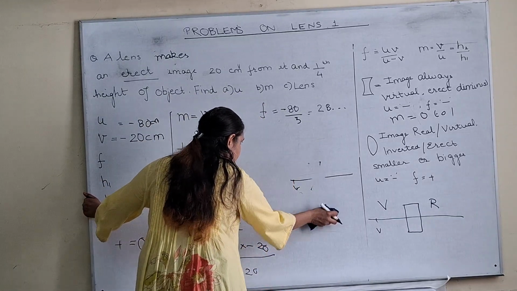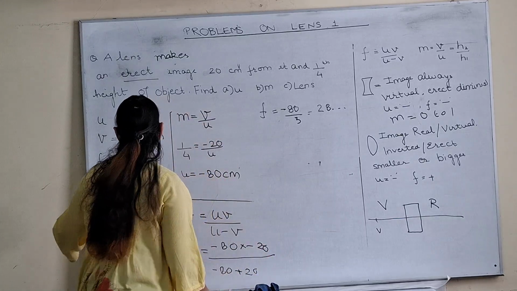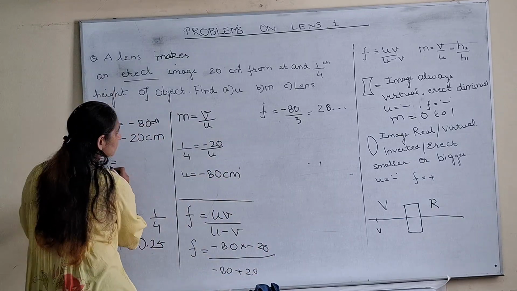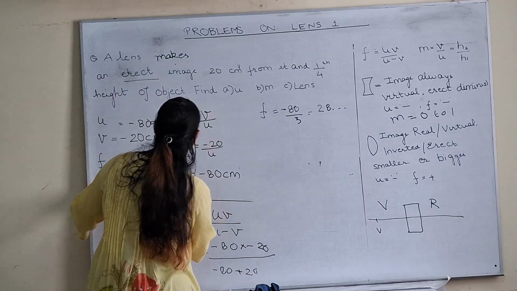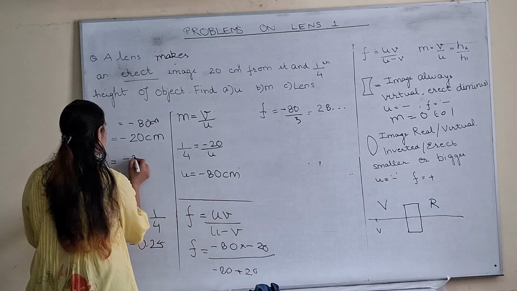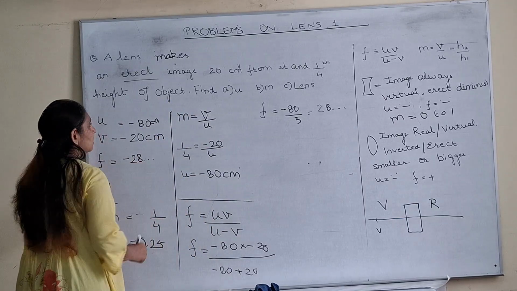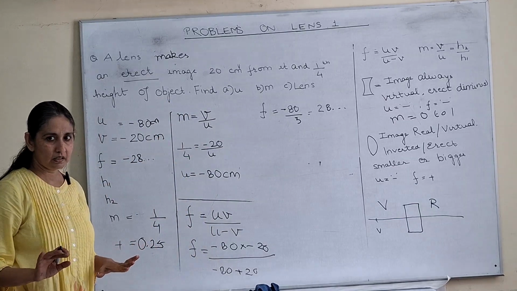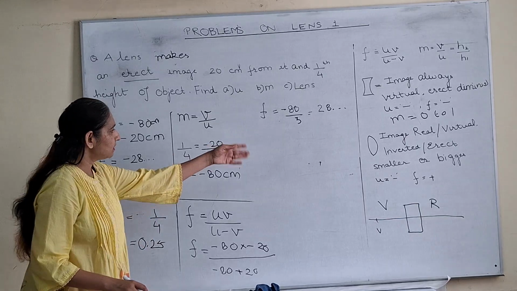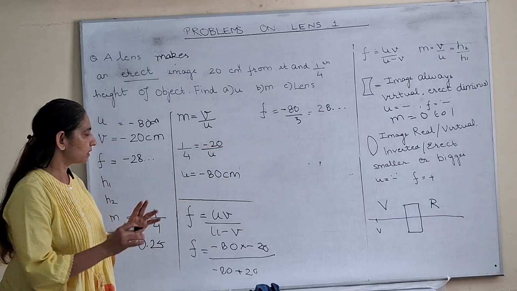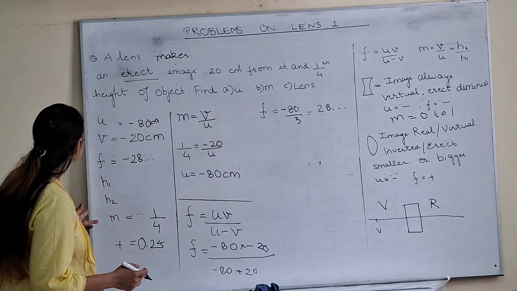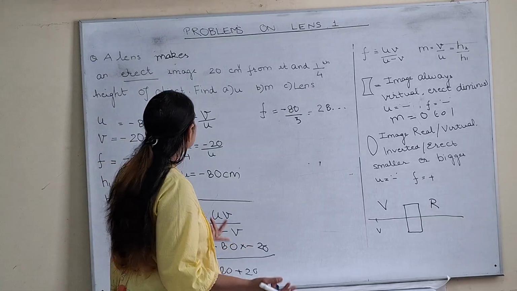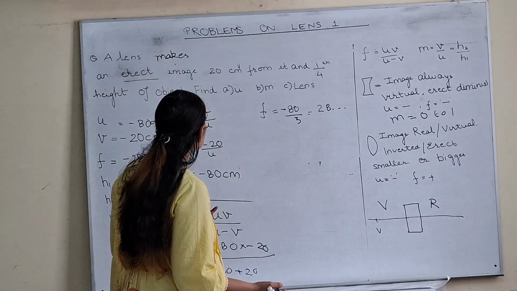Now I'm rubbing it because I need the space. What have we found? Minus 28 point something. Now minus has come, will it work? Yes, it will work because this kind of mirror lens is like that. Okay. Now what do we have to find? H1, H2. No, they haven't given us anything about heights.